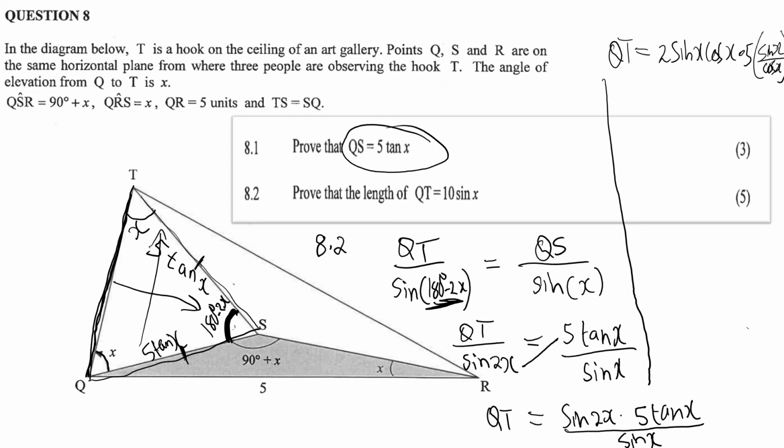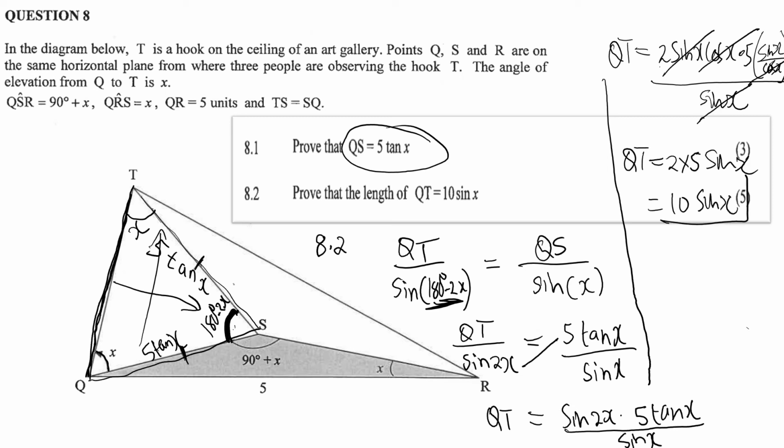All of these are being divided by sine x. Okay. So now we'll see cos x and cos x will cancel out each other, and sine x will cancel out each other. Then QT will be left with 2 times 5 multiplied by sine x. All right. So this will be 10 sine x. Then we have proven that indeed QT is equal to 10 sine x.